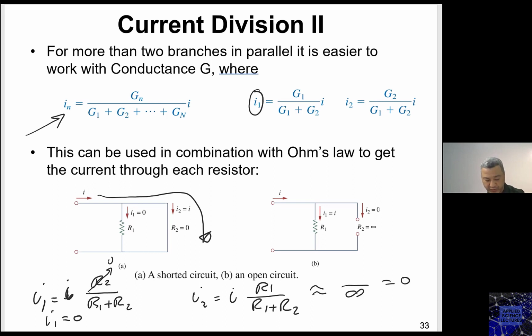If you want to find I1, then I1 is I times R2 over R1 plus R2, and if R2 is infinity, you end up with I times infinity over infinity, which equals I. So all current will go through the resistor R1, and no current is going to go through the second resistance because it's an open circuit. Okay? Any questions?